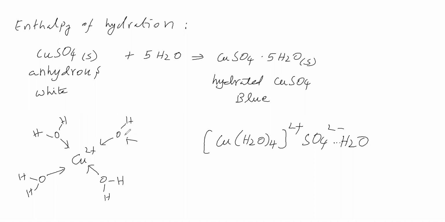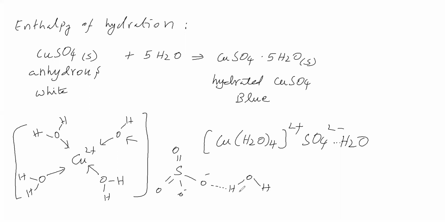This is [Cu(H2O)4]2+, like this. Sulfate and water, that structure I will give. SO4 2 minus we are giving. It is making a hydrogen bond with water. Okay. It is the structure of hydrated copper sulfate.